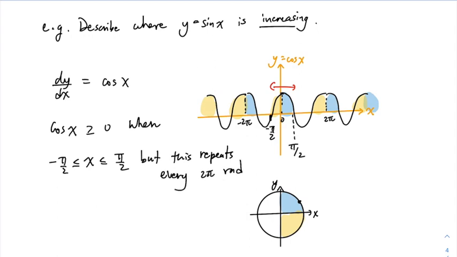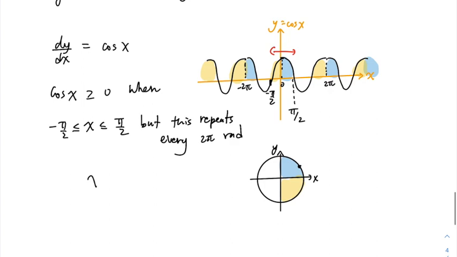And so the correct interval now is going to be the interval from negative pi over 2 plus some 2 pi k all the way up until pi over 2 plus some 2 pi k. Okay, and k here is an integer. So here what we're doing is we're adding multiples of 2 pi, subtracting multiples of 2 pi to capture all the intervals where cosine x is either 0 or positive.